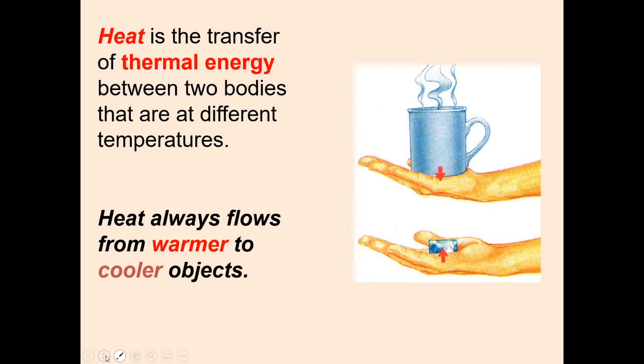What the hand is doing, or what the tea is doing, is actually warming the ice up. It's transferring some of its thermal energy into that ice cube to try to reach thermal equilibrium, and as a result of that process, it loses some of its thermal energy and starts to feel colder.